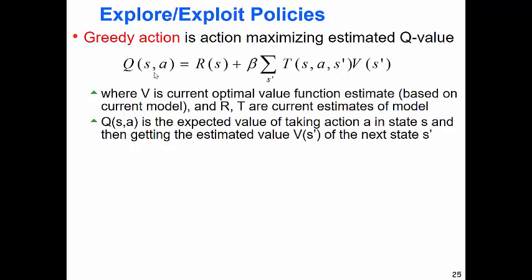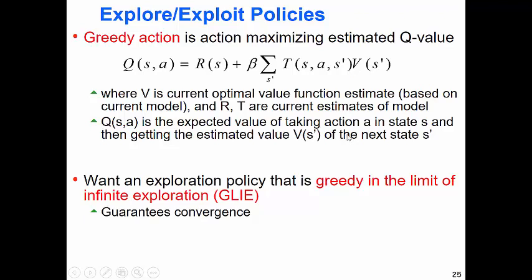You could be in a really good state, but there could be a really bad action, and the Q function will return a bad value for that action in that state. It's simply what you would expect. I'm missing an A there, but it's the immediate reward plus what you expect to get in the future, and this is our estimate of the value in the future. The greedy action is the one that maximizes the Q function.